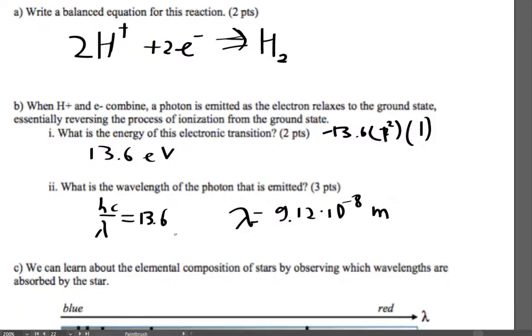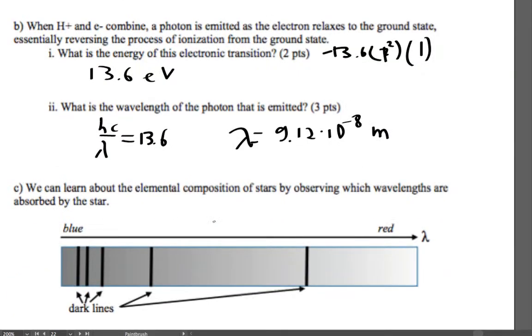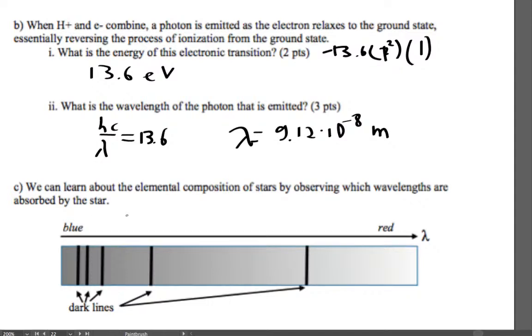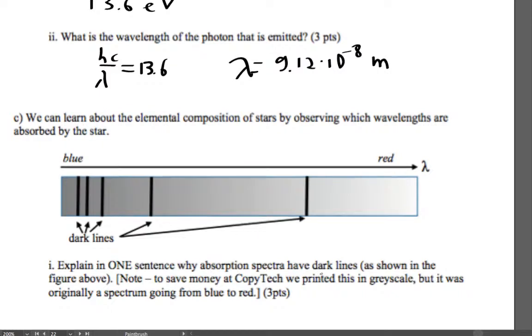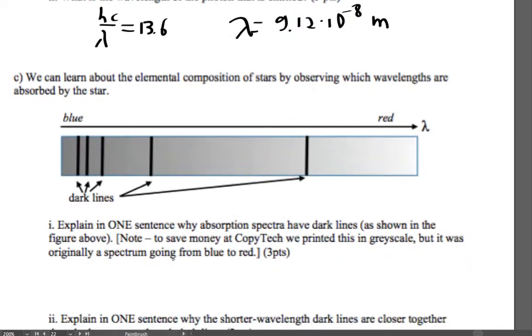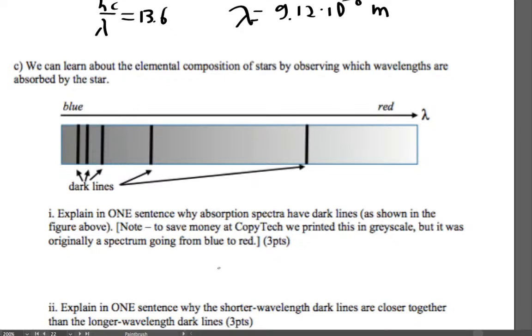We can learn about the elemental composition of stars by observing which wavelengths are absorbed by the star. Explain in one sentence why absorption spectra have dark lines as shown in the figure. To save money at Copytech, we printed this in grayscale, but it was originally a spectrum going from blue to red. So why is it?